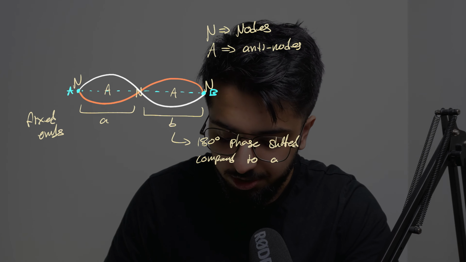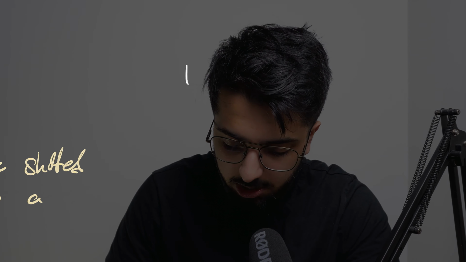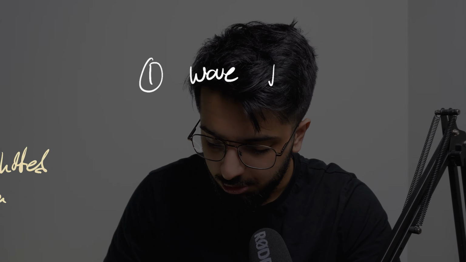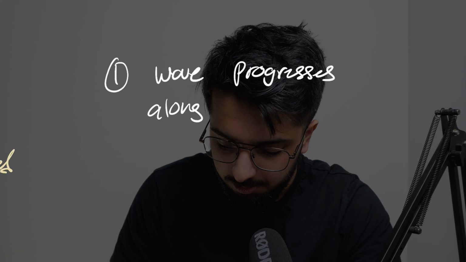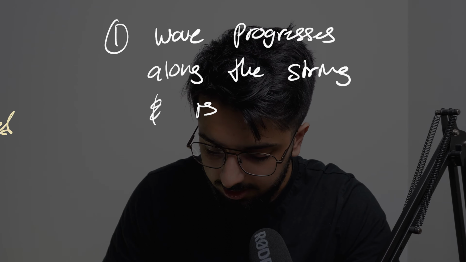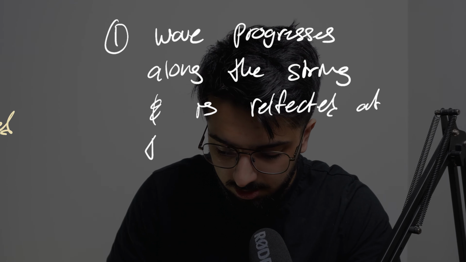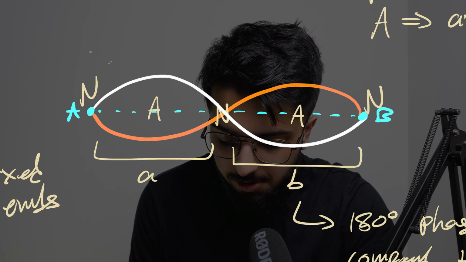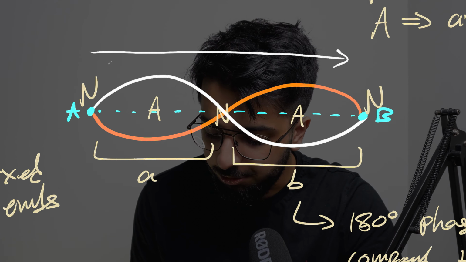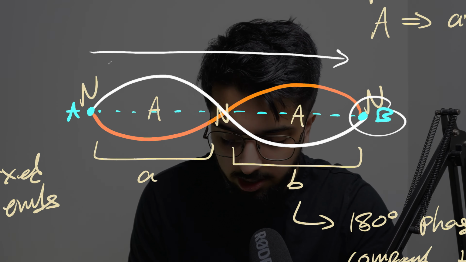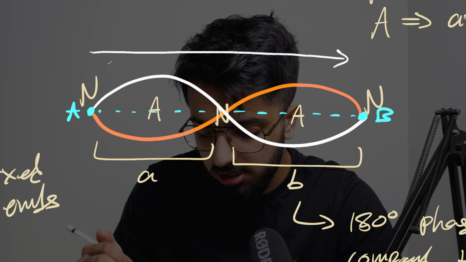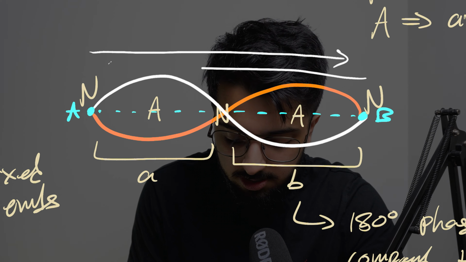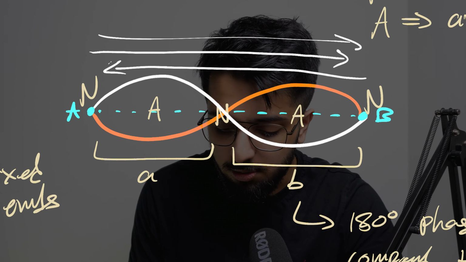So now, starting off with our explanation, we can say point number one: the wave progresses along the string and is reflected at the ends. Let's say the wave starts at point A, travels along, and then reflects at point B, goes through a 180 degrees phase change and progresses down this way, and it continues on and on.